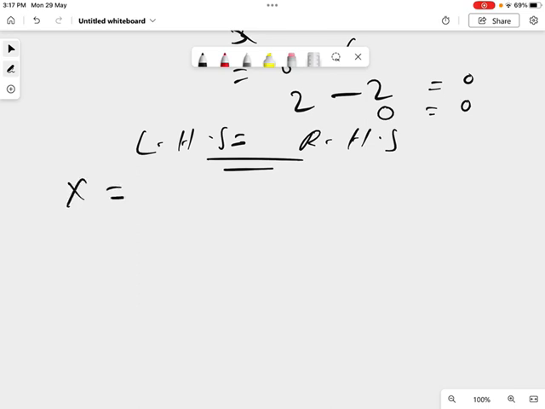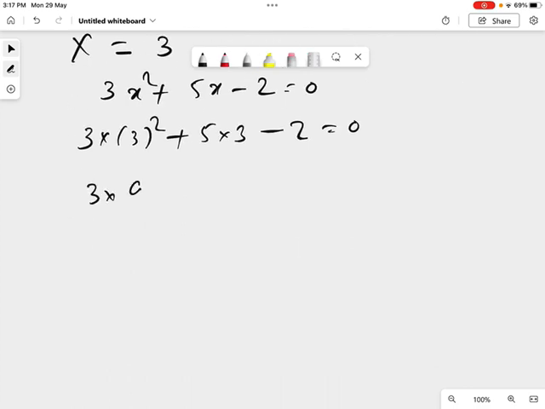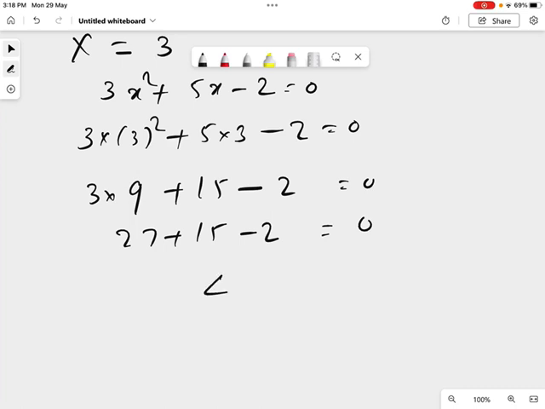Next, x is equal to 3. The given equation is 3x square plus 5x minus 2 is equal to 0. Then put x is equal to 3. Then 3 into 3 square plus 5 into 3 minus 2. Then 3 into 9 plus 15 minus 2, that is 27 plus 15 minus 2, which is equal to 40. 40 is not equal to 0.